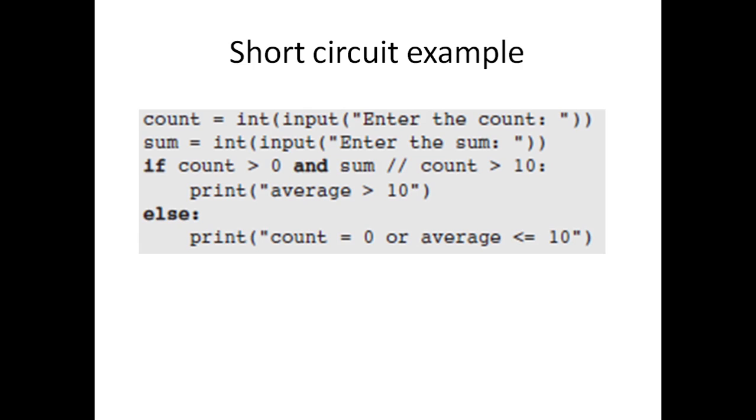To avoid that, there is short circuit operation. If we give count as zero, then count greater than zero is false, so it won't go to the and part. It will go to the else part. That is known as short circuit evaluation.